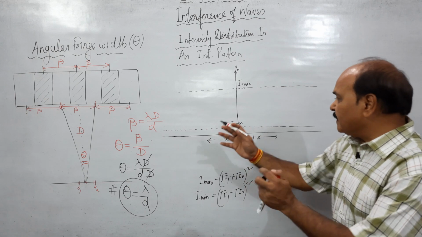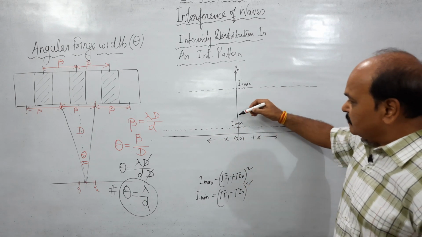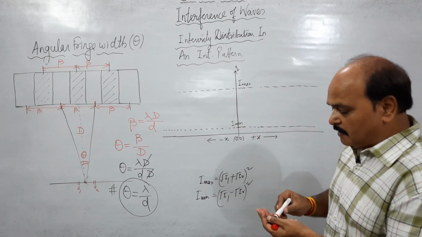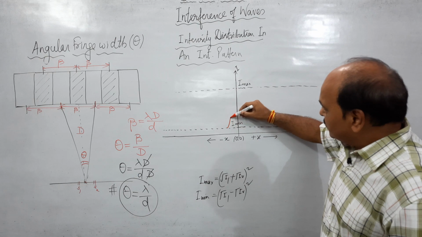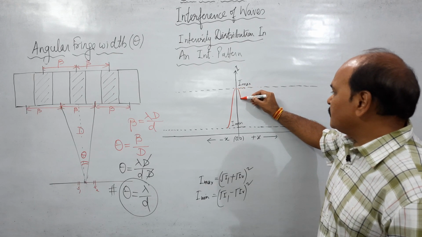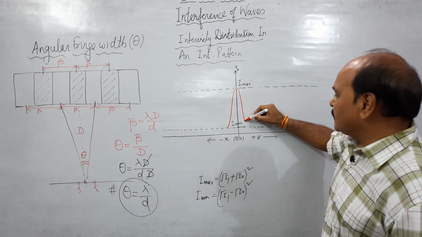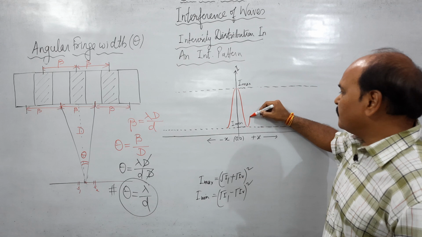How is the intensity distributed throughout the interference pattern? I am going to draw it. The intensity in an interference pattern is like this. This is the central maxima. The intensity on both sides of the central maximum decreases, and then again it rises and becomes maximum.